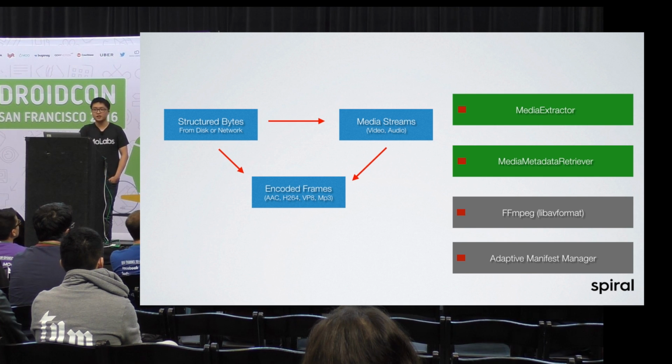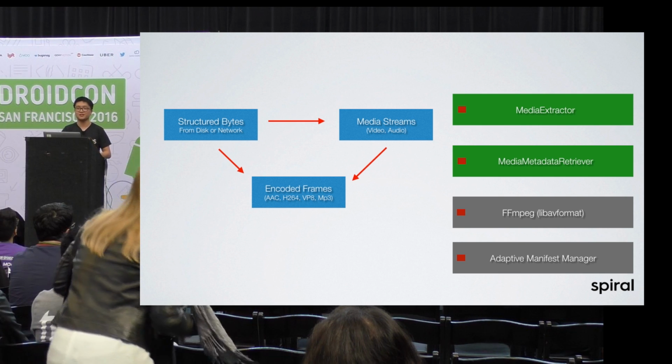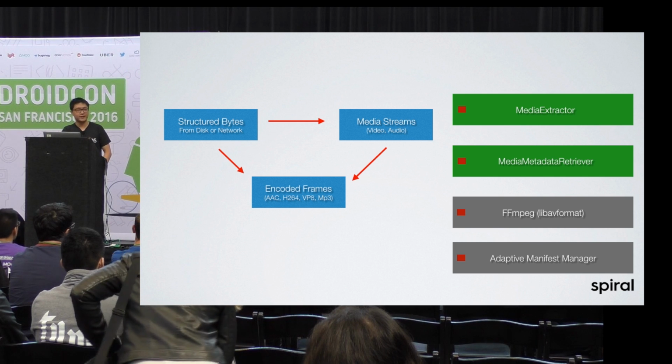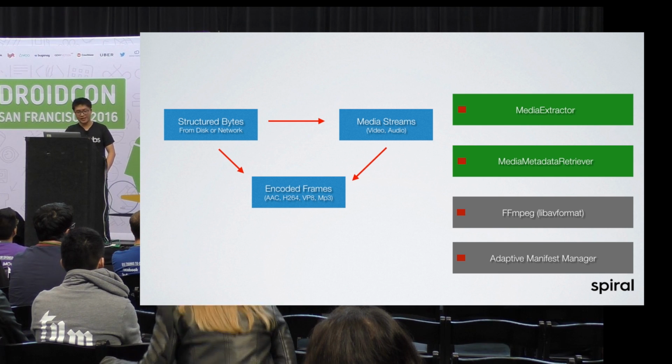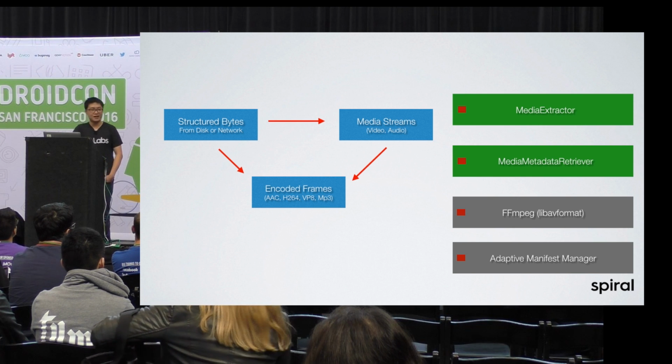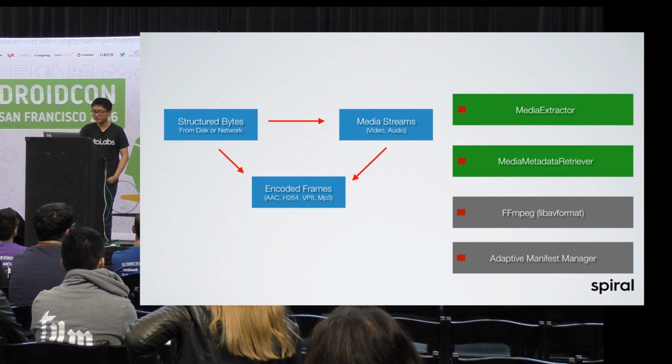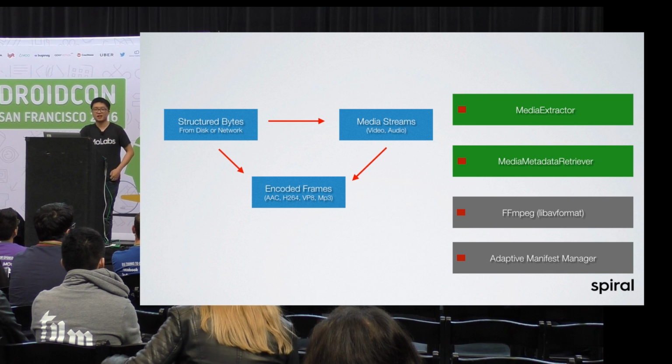If you want to decode an HLS or a DASH stream, you want your own manifest manager because you're downloading this manifest and you have to understand it. ExoPlayer comes with the parsers as part of the library, but if you have new formats that you want to support, you can certainly just easily import the Java version as well.